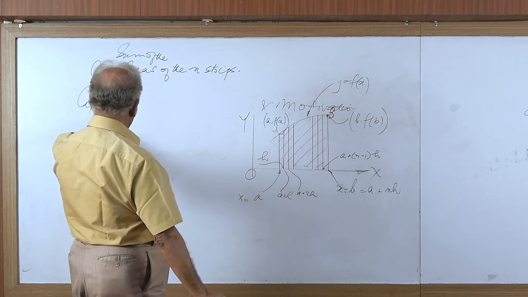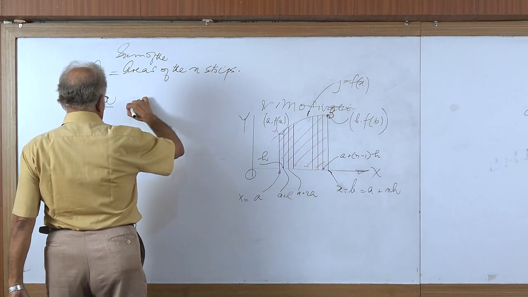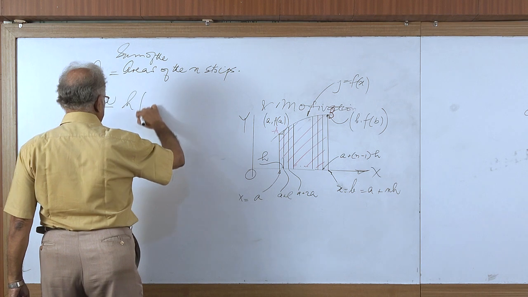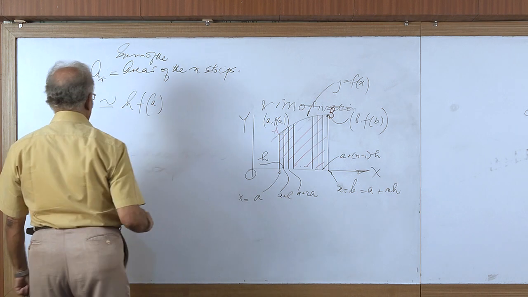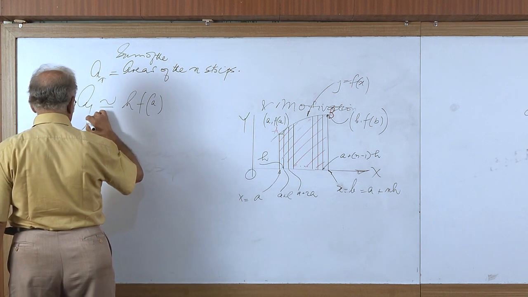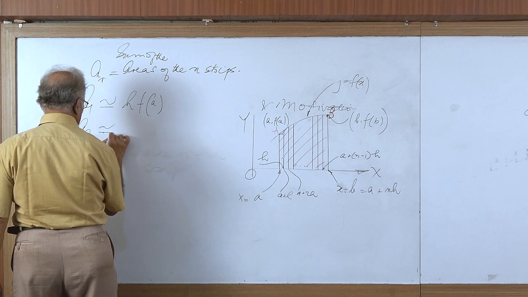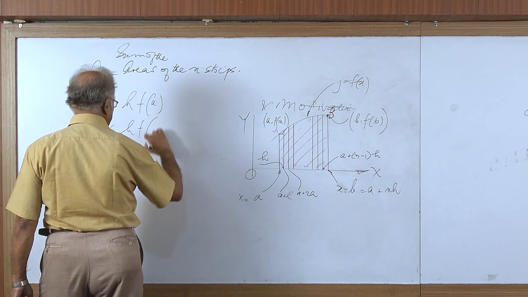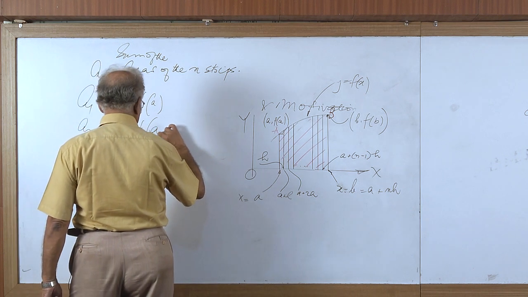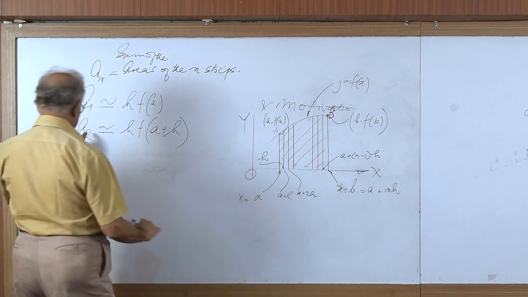That's why I've used this word, A1 is approximately equal to h into f(a), h being the width. Similarly, the second strip area A2 is approximately equal to h into f(a plus h). This is A2.